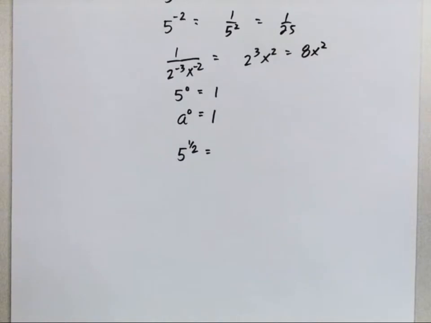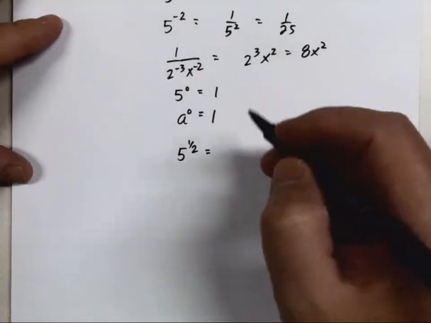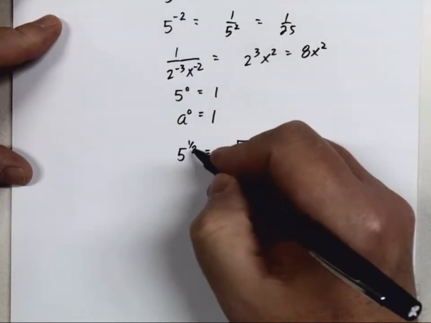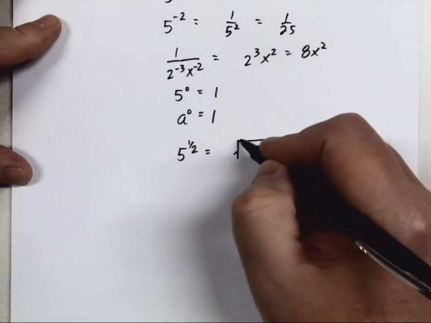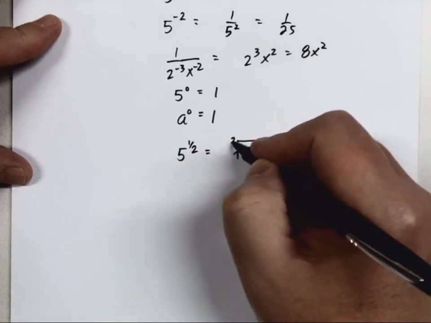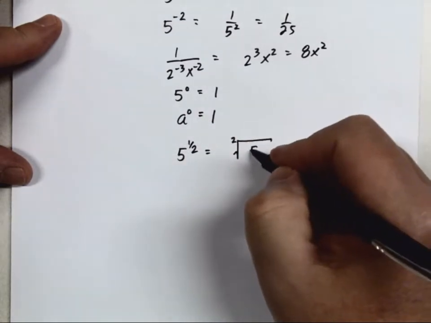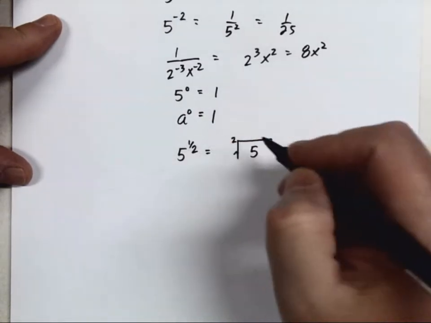And we learned you can always convert a rational exponent into, like in this case, a square root. So your denominator becomes your root. The base goes in here, the numerator.